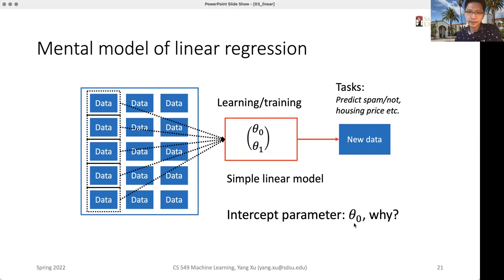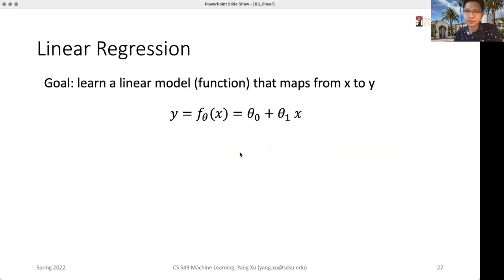So let's look at the problem more officially defined. Our goal is to learn a linear function that maps from x to y.